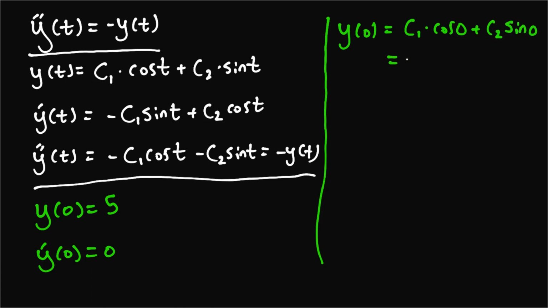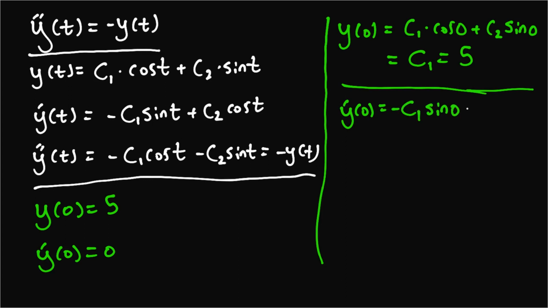And cosine of 0 is 1, sine of 0 is 0, so we get c1 is equal to 5. If we compute y prime of 0, we get negative c1 sine 0 plus c2 cosine 0, which is equal to c2, which the initial condition tells us should be equal to 0.